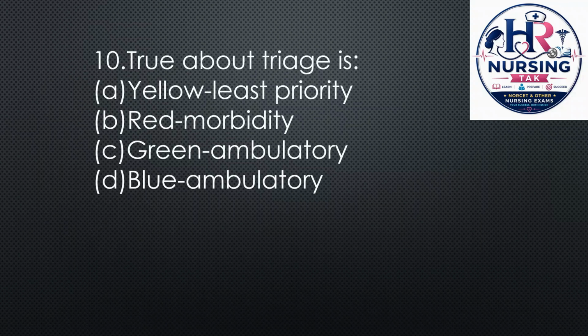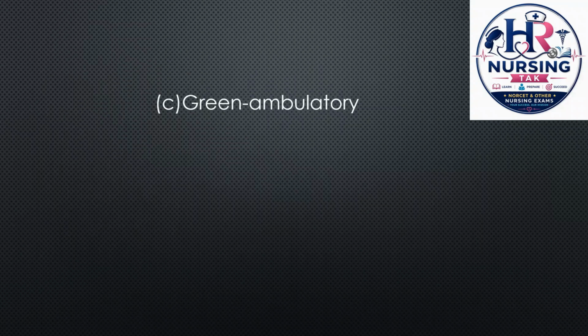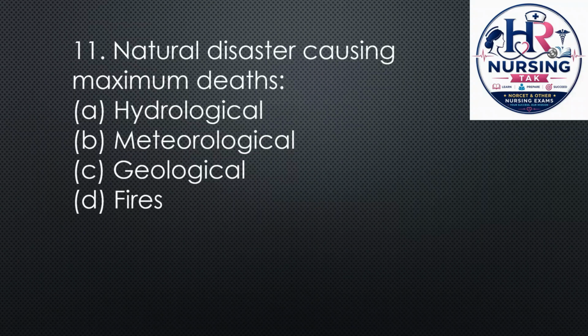Question 10. True about triage is A. Yellow least priority. B. Red morbidity. C. Green ambulatory. D. Blue ambulatory. Answer is C. Green ambulatory. Question 11. Natural disaster causing maximum deaths. A. Hydrological. B. Meteorological. C. Geological. D. Fires.